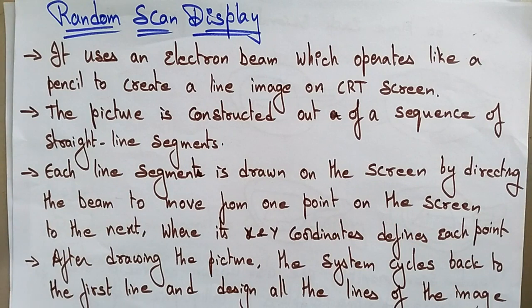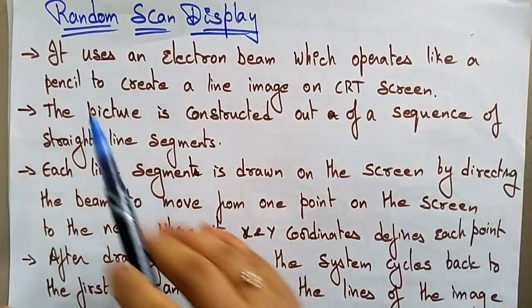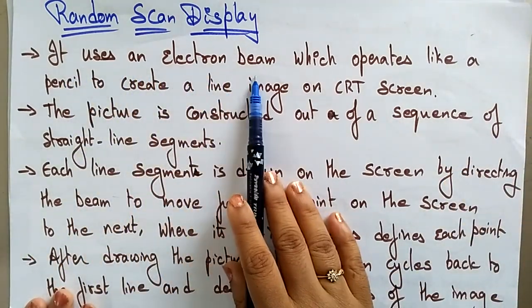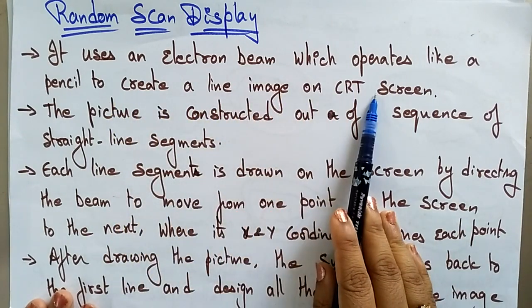In the CRT, I said it's a cathode ray tube. The electrons are emitted onto the phosphor so that light can be emitted. Now what is the process of random scan display? Let's see. It uses an electron beam which operates like a pencil to create a line image on the CRT screen.